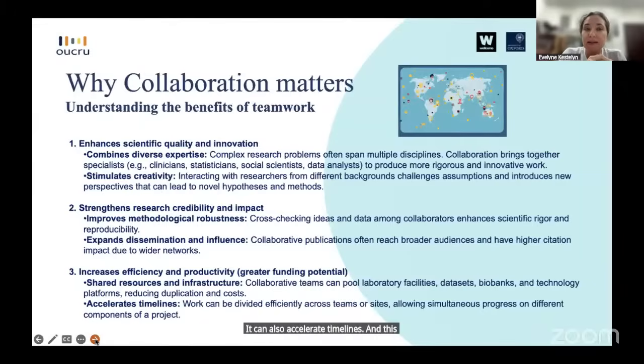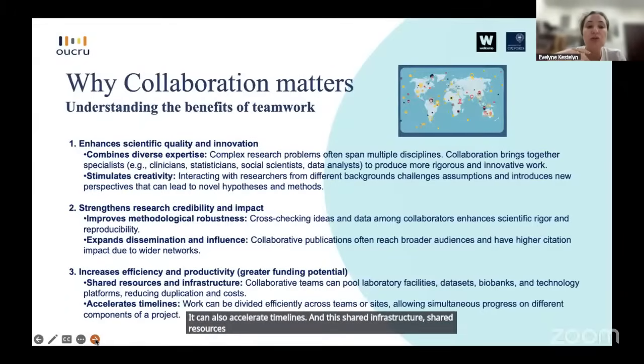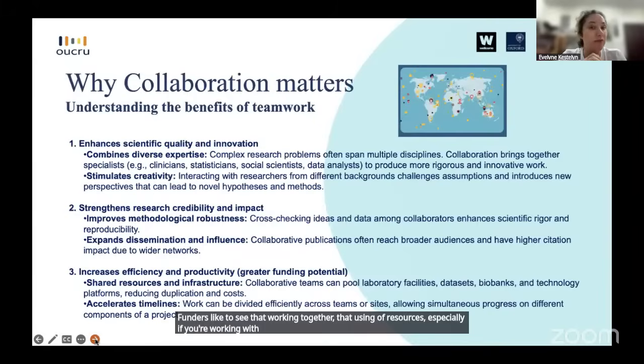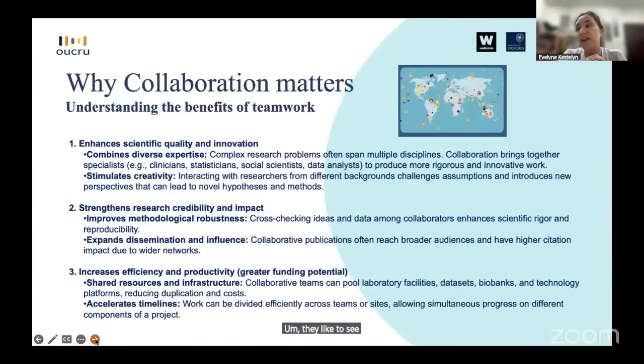And this shared infrastructure, shared resources translating into efficiency and productivity is something that funders really like to see. And that's why I put in brackets greater funding potential. Funders like to see that working together, that using of resources, especially if you're working with collaborators that might be funded through the same funder, they like to see that the funding that they have given can amplify impact by making people work together.